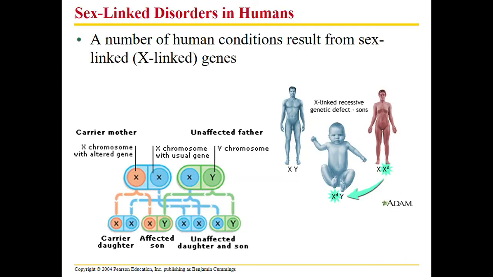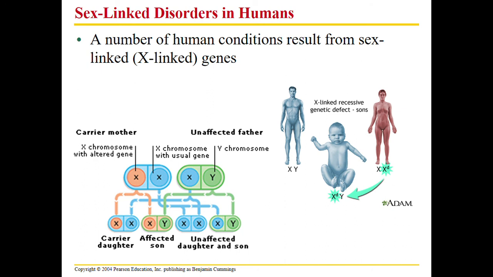Let's look at some of those X-linked genes and the X-linked recessives I mentioned. So here you'll have a mother with a normal X chromosome and one with the altered gene. So X chromosome with altered gene, X chromosome with usual gene. She is a carrier for whatever disease is happening here.